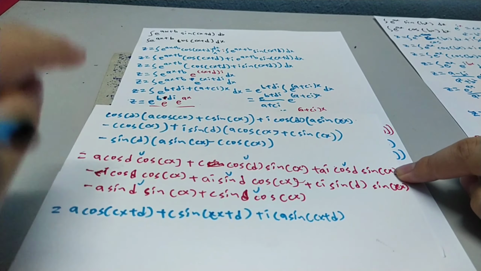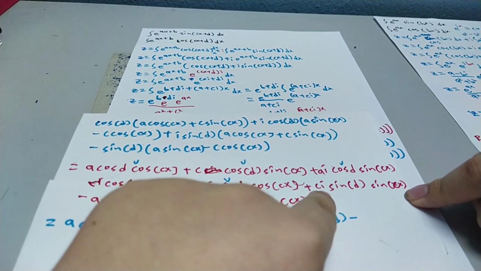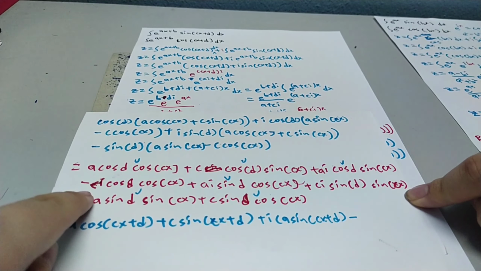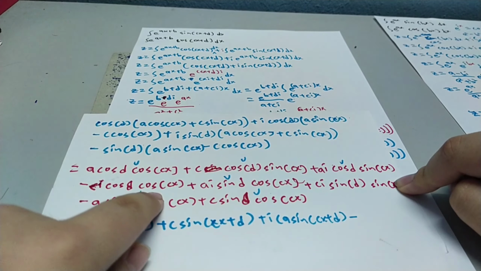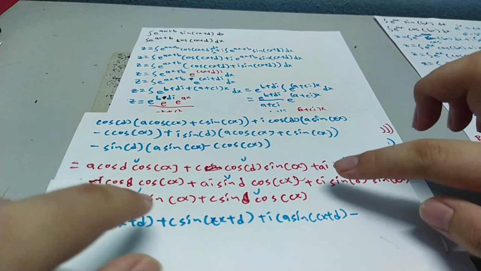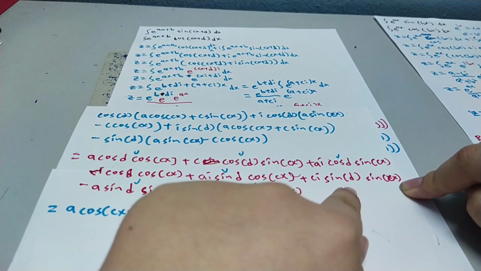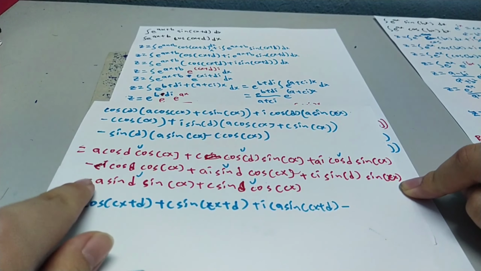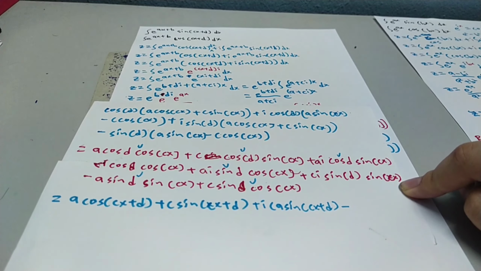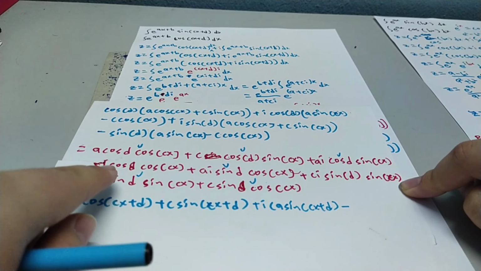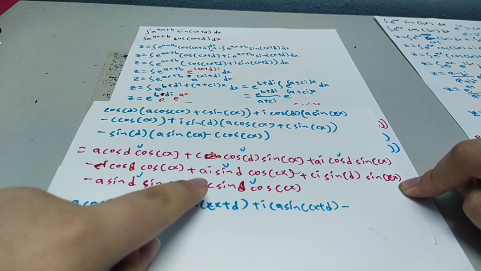And then finally, ci times sine of d times sine of cx minus ci times cosine of d times cosine of cx, we can factorize ci, and then factorize the negative to make it equal to cosine of d times cosine of cx minus sine of d times sine of cx.